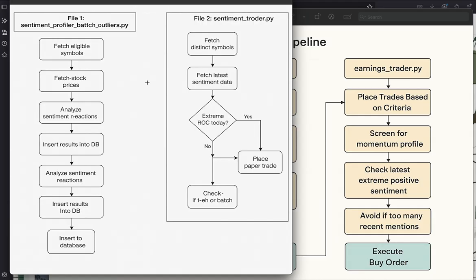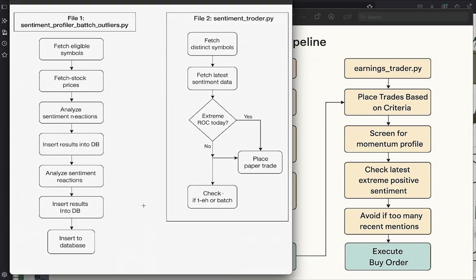Now, this is all done in the back end using Python. What we do is we fetch eligible symbols, then we get their stock prices, then we analyze their sentiment scores, then we put that into a database, then we analyze their price reactions over time.